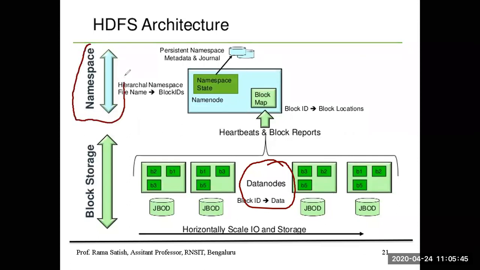So the name node maintains the namespace, and the data node maintains the data space or block space. The namespace holds all the details: names, which block ID, where it is stored, in which data node it is there. And remember, these data nodes are computers.